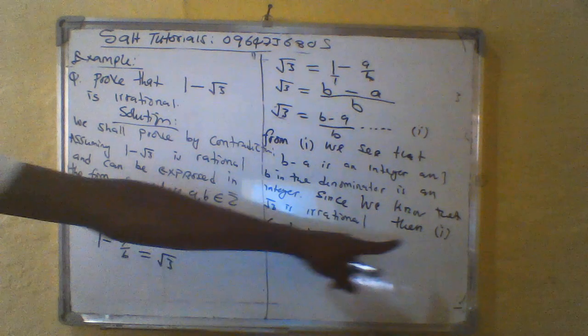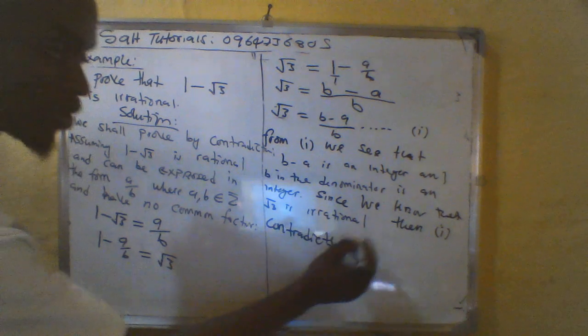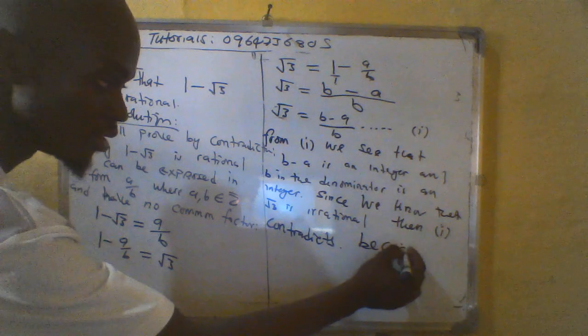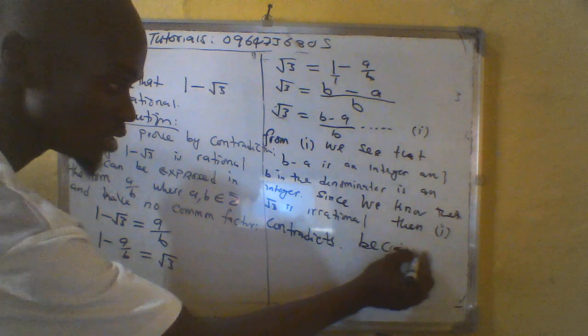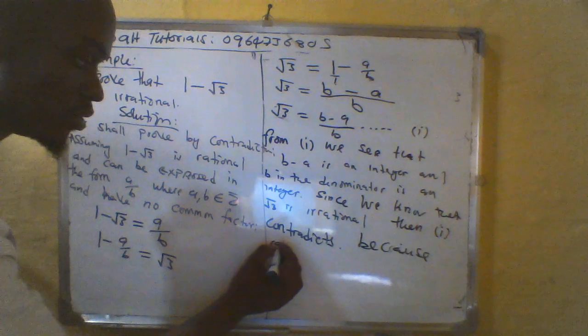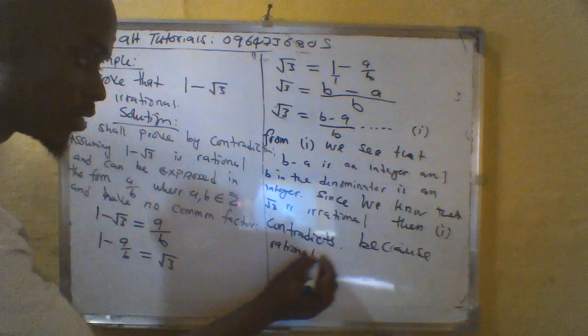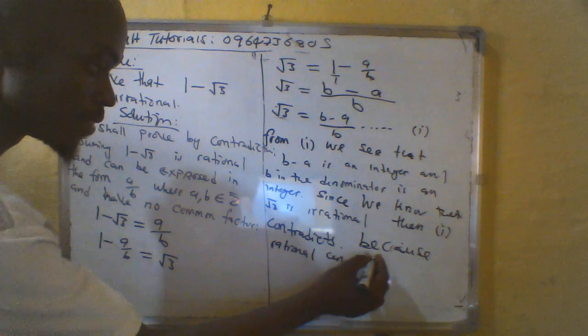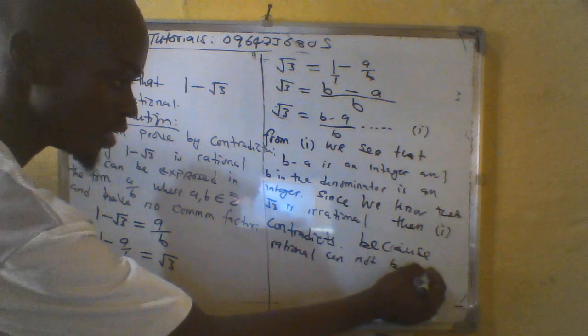So statement 1 contradicts, because you tell them, say, because rational cannot be equal to an irrational number.